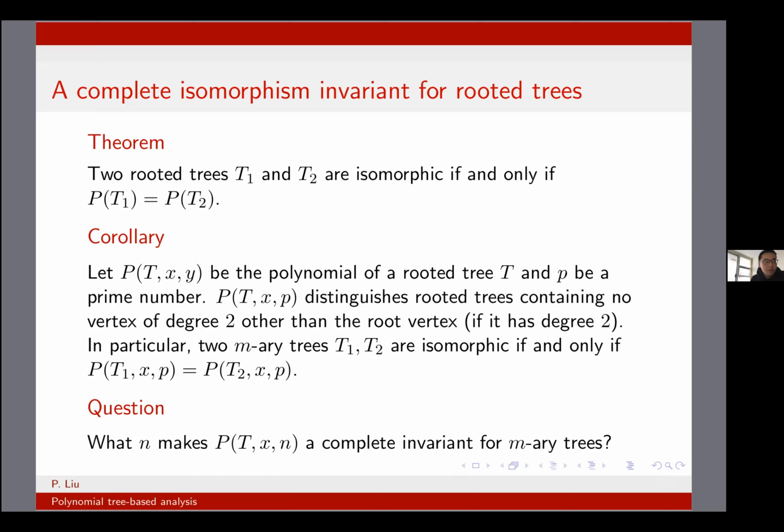All right. Here is something number theory enthusiasts might be interested in: because of the nature of the proof, we can actually substitute y by a prime number p, and most of the proof will still be valid. But the only problem we have is when we have a vertex of degree 2, and we'll see an example here.